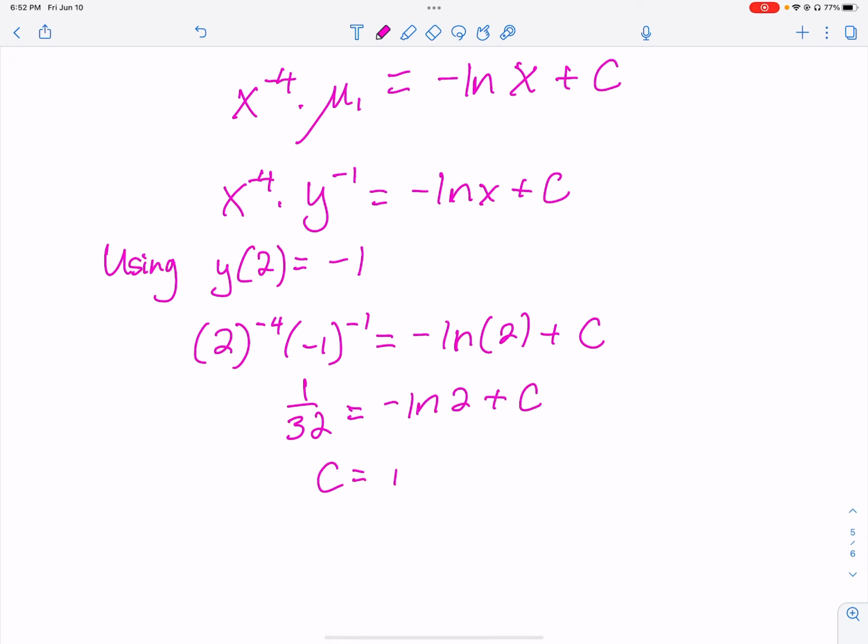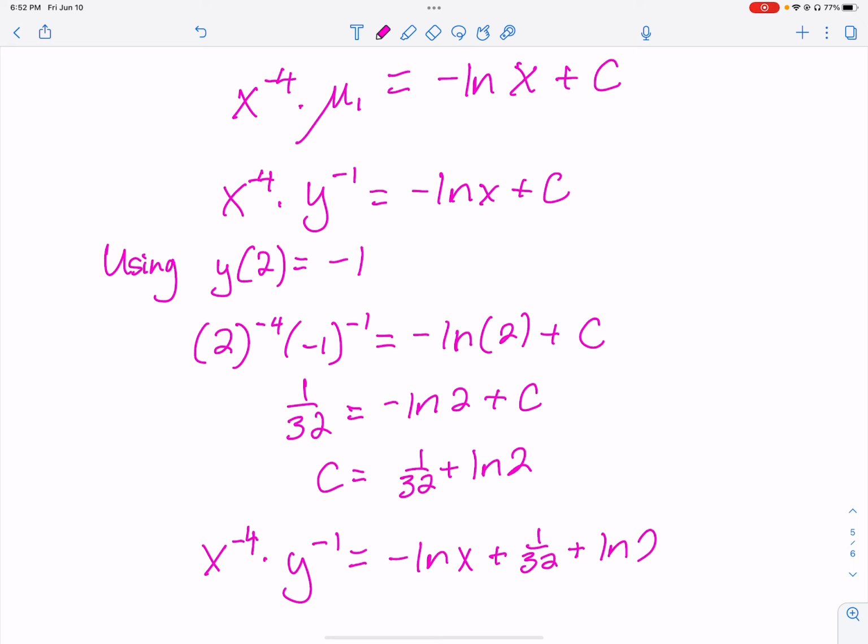So that means c is 1/32 plus ln of 2. We should put the 1/32 first so it's clear that the 1/32 isn't in the ln. So my equation is x to the negative 4 times y to the negative 1 equals negative ln x plus 1 over 32 plus ln of 2.